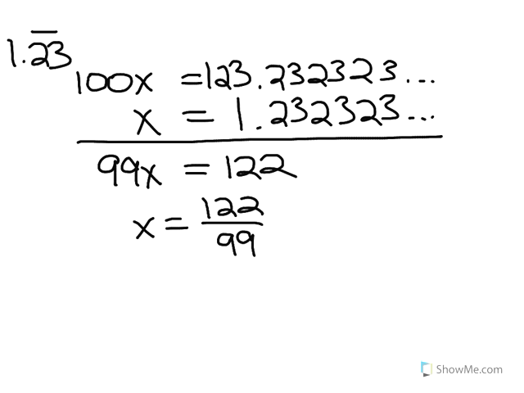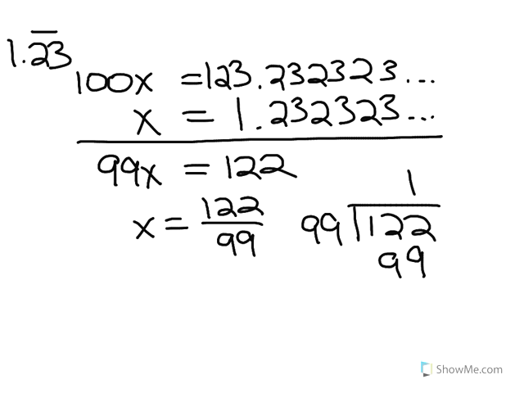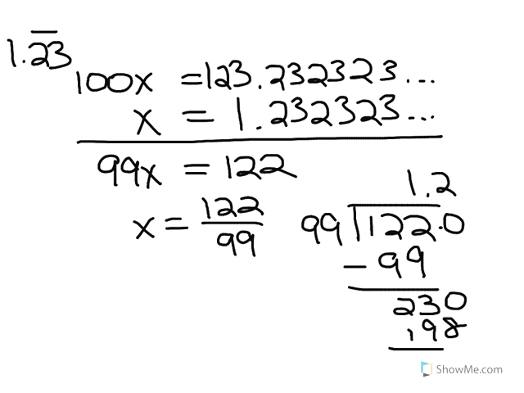To verify the answer, take 122 and divide it by 99. 99 goes into 122 one time. 1 times 99 is 99. 122 minus 99 is 23. We're going to have to work with decimals here, bring down a 0. 99 goes into 230 twice. 2 times 99 is 198. 230 minus 198 is 32.